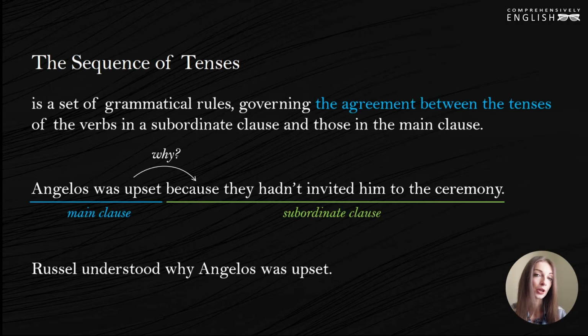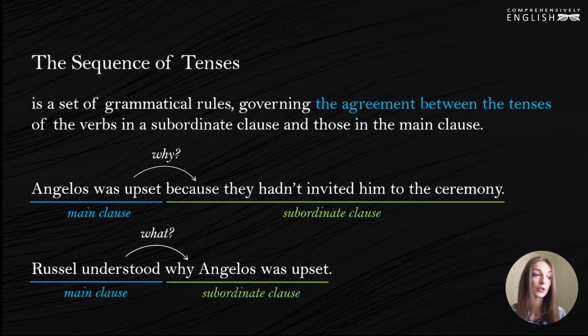Let's look at another example. Russell understood why Angelus was upset. Again, we see 2 subjects, Russell and Angelus, and 2 predicates, understood and was upset. So there are 2 clauses in this sentence. "Russell understood" is the main clause, and "why Angelus was upset" is the subordinate clause. Russell understood what?